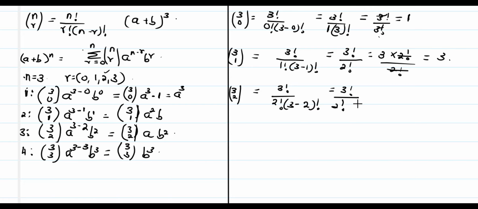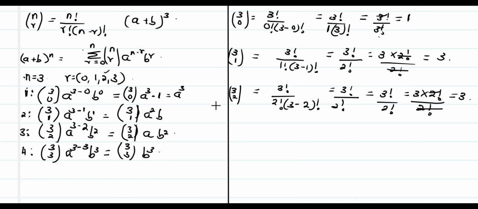So 1 factorial is just 1. You don't need to put it here. So it can be 3 factorial all over 2 factorial, which should become 3 by 2 factorial. Since I have another 2 factorial here, I can just put it like this and cancel it. So that one will also be 3.